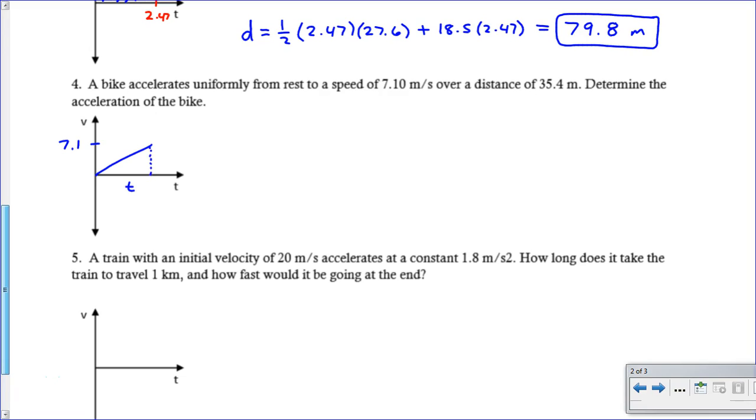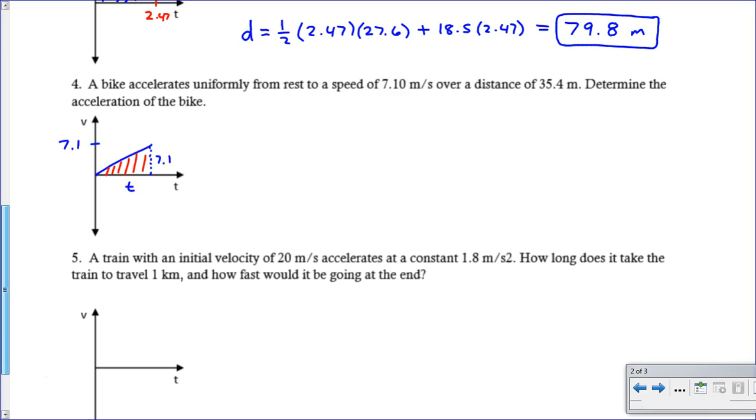And on this one, we can just do it directly. We know this is 7.1 on this side. And so we're going to find the area here and use that to find the time. We know that this area in here is equal to the distance traveled, which is 35.4 meters.